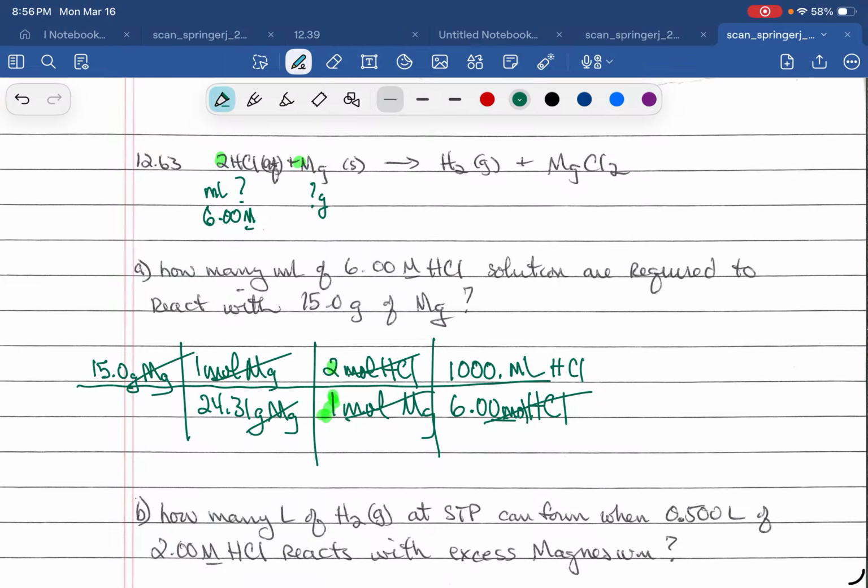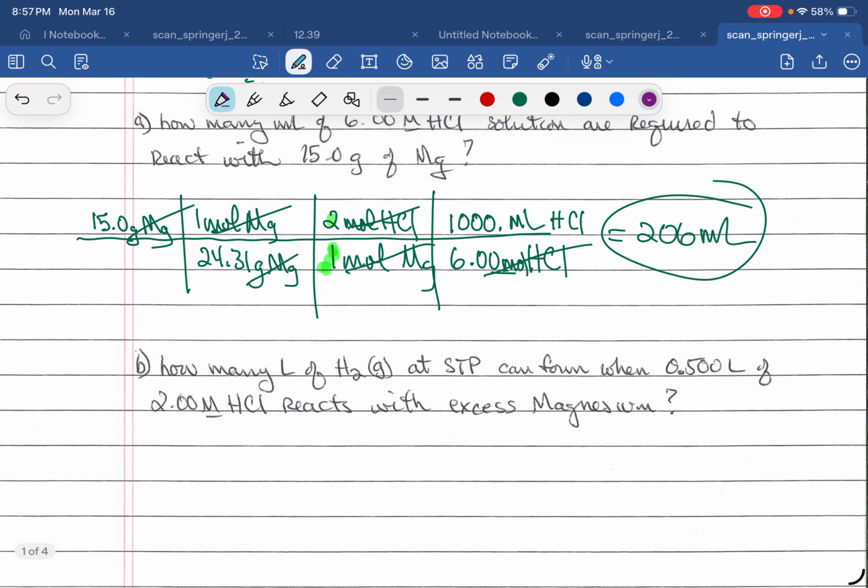So I got 15 divided by 24.31 times 2 divided by 6, well, times 1,000 divided by 6. And I got 206 milliliters. So that is my answer for number 63A.